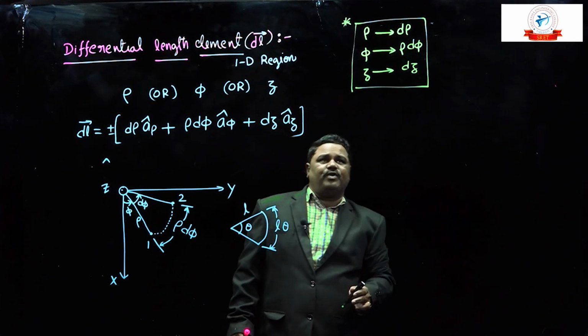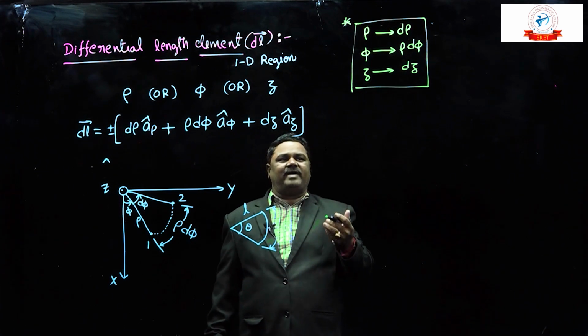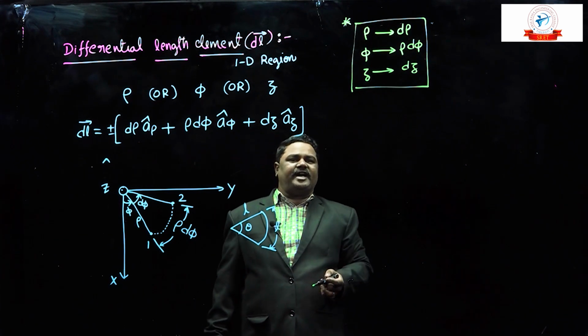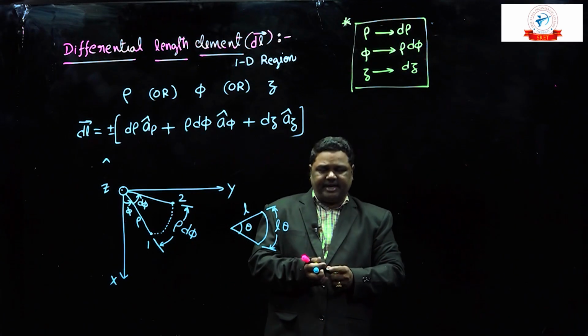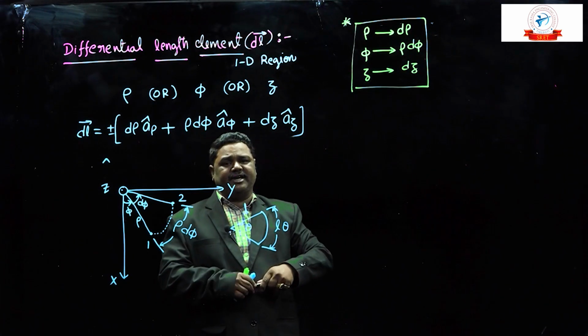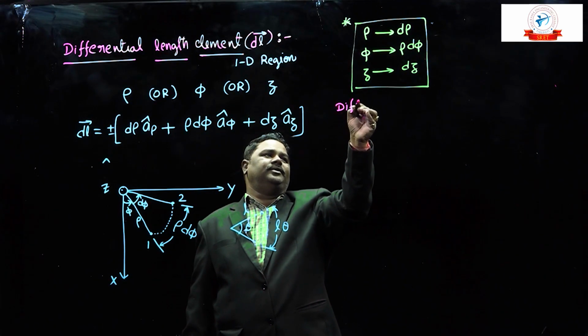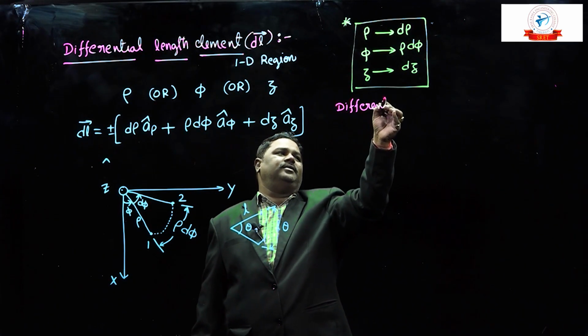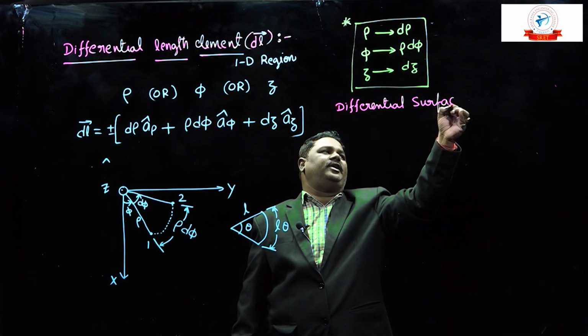Once you understand this point, the differential length due to rho, phi and z, then we can easily write down the differential surface element. So let us write down the differential surface element ds bar in cylindrical coordinate system.